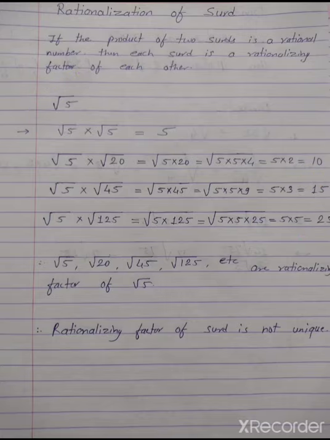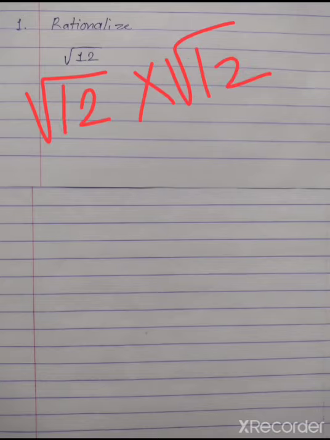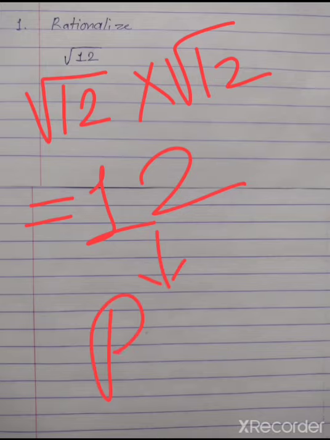So let us solve some examples. Here the question is root 12. You can simply use the same number, root 12. So root 12 is a rationalizing factor of root 12. When you simplify it, you will get 12, which is a rational number.